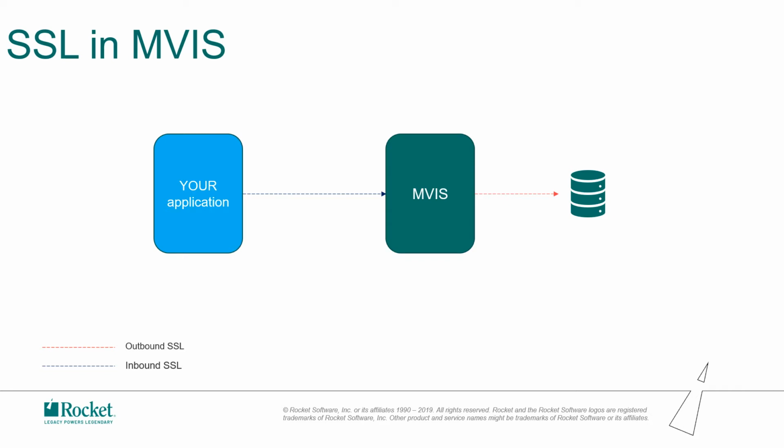Then there is inbound SSL: when your application is invoking REST endpoints, it wants to communicate over HTTPS, and that's what I mean by inbound SSL communication. So overall, the packets being transferred from or to the system are secured in MVIS.